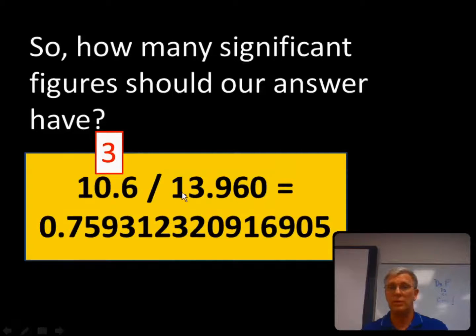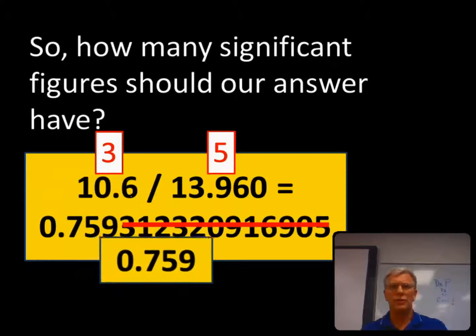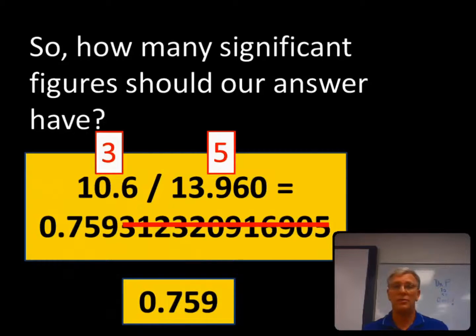We'll start on this side. 1, 2, 3, 4, 5 significant figures. So the least number of significant figures is 3. Our answer should have 3 significant figures. So we're going to round this number to 3 significant figures, and the correct answer should be 0.759.